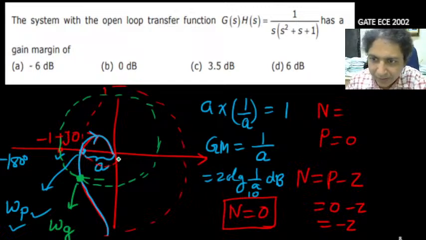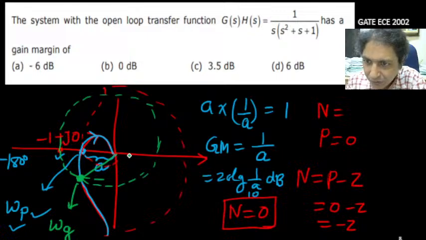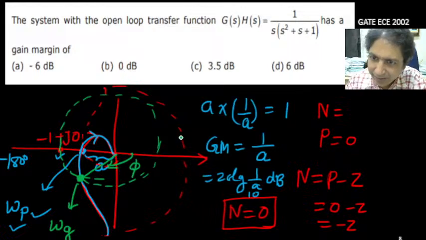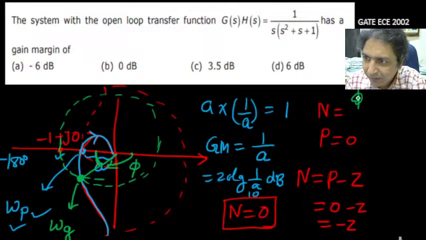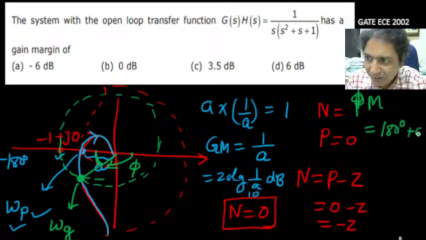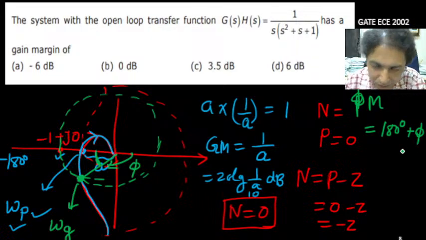So at omega g, what is the phase? This phase you find out. You can see that it is a little bit far away from minus 180 degrees. So what is the gap from minus 180 degrees? Phase margin, or PM, will simply be 180 degrees plus phi, and phi is something negative.